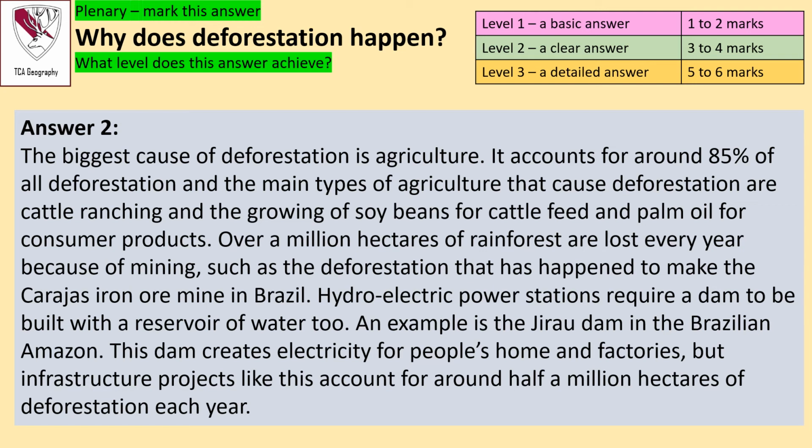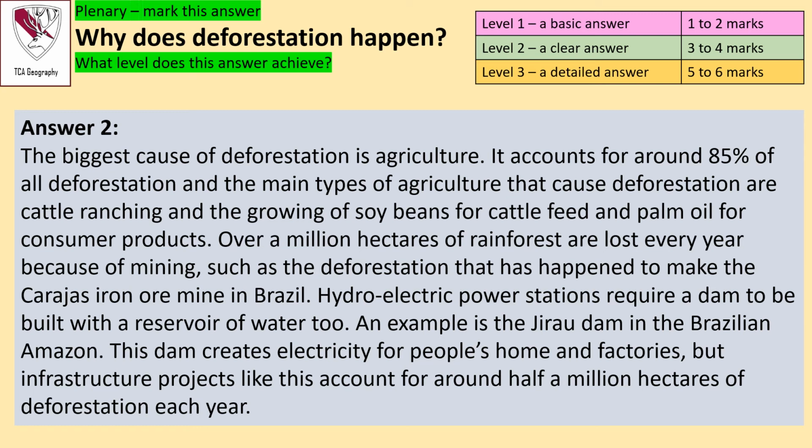The biggest cause of deforestation is agriculture. It accounts for around 85% of all deforestation, and the main types of agriculture that cause deforestation are cattle ranching and the growing of soybeans for cattle feed and palm oil for consumer products. Over 1 million hectares of rainforest are lost every year because of mining, such as the deforestation that has happened to make the Carajás iron ore mine in Brazil.